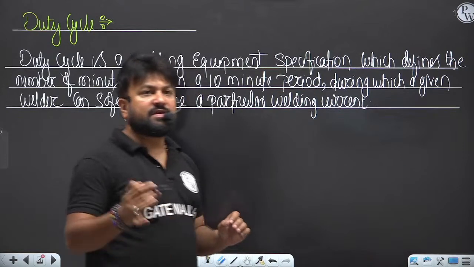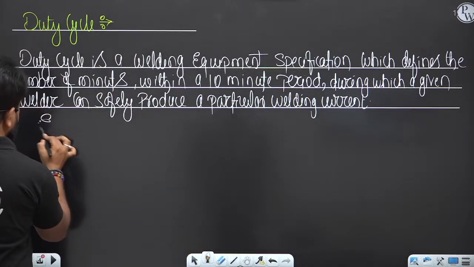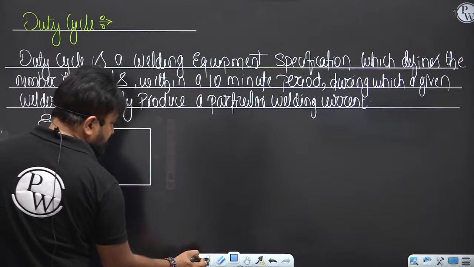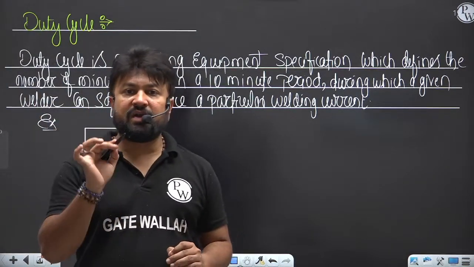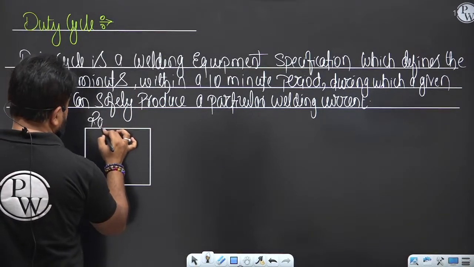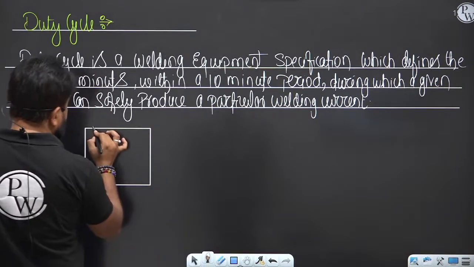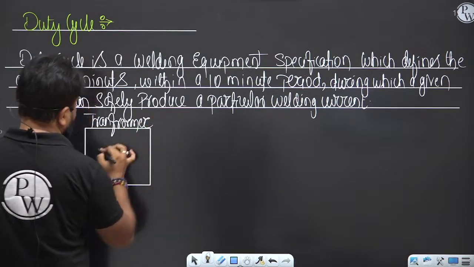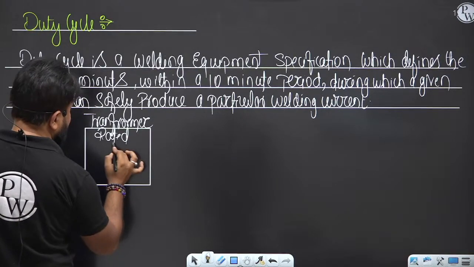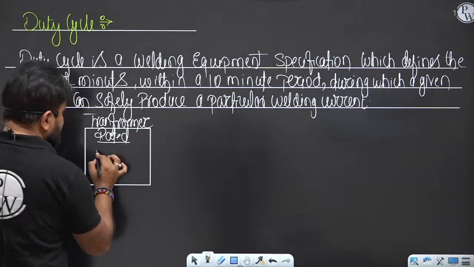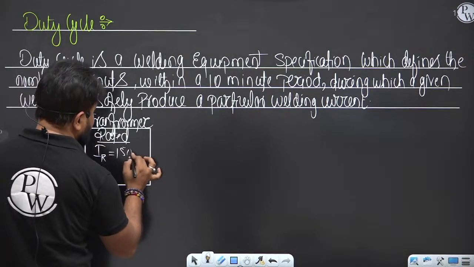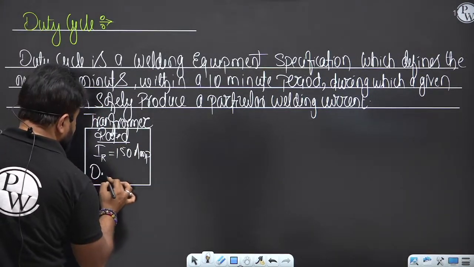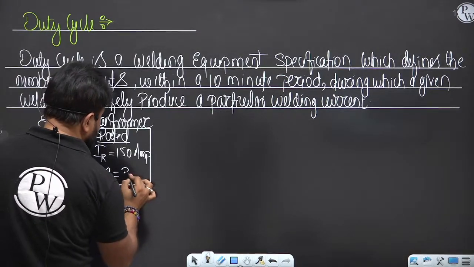Let me explain with the help of an example. Let's say there is a transformer, and on the transformer there will be a rated current, say IR 150 ampere, and a 30% duty cycle.